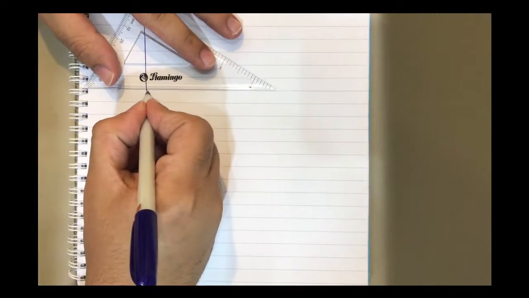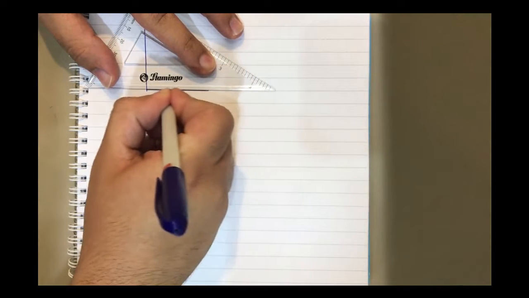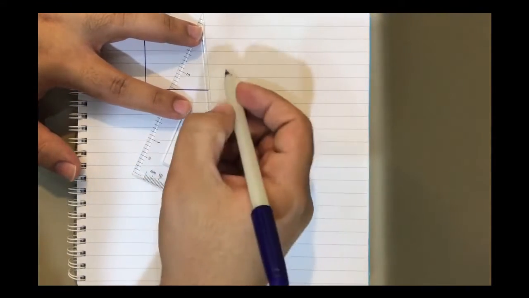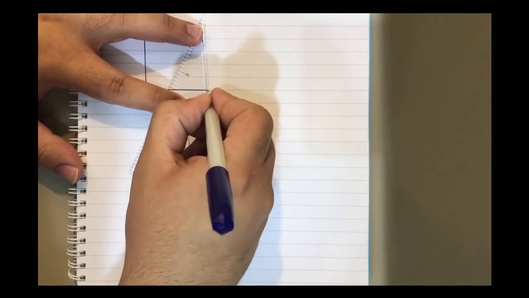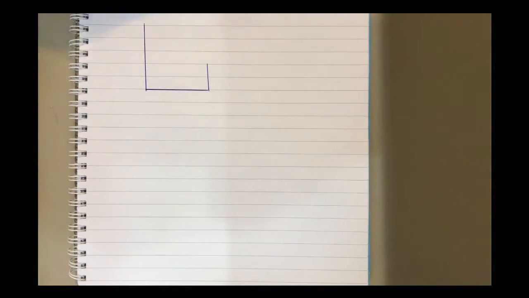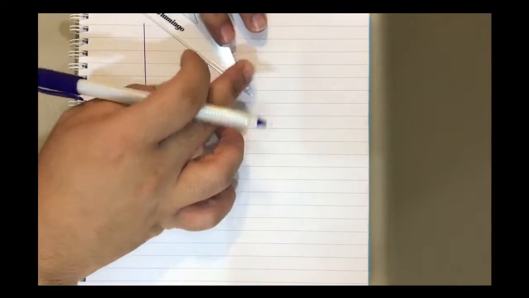So now we've observed the height of the building, which is unknown to us, and we have measured the distance between the base and the building, and we've measured the eye level or the height of the base, and we have also used the inclinometer to find out the angle of elevation to the highest peak of the building.